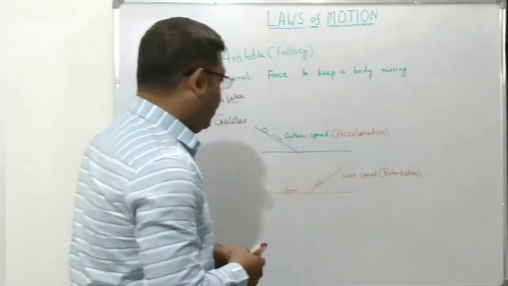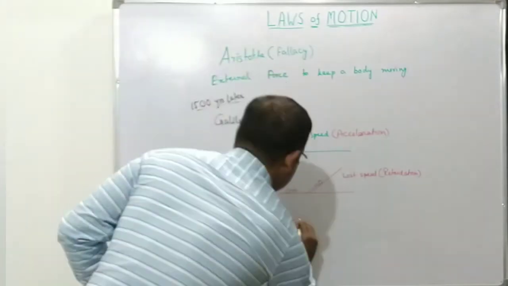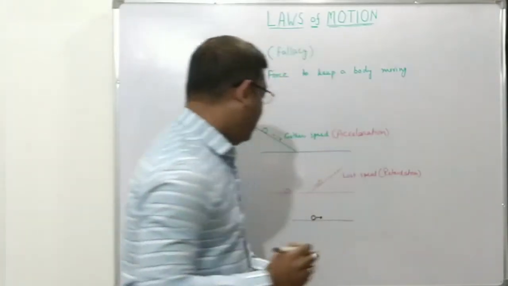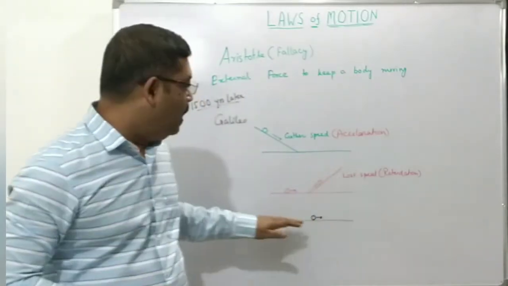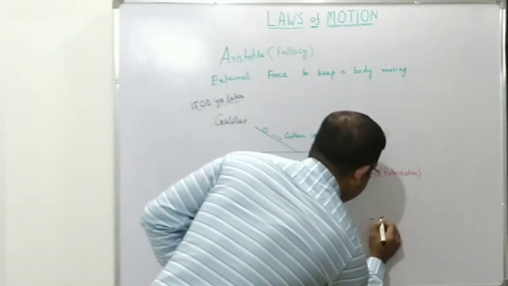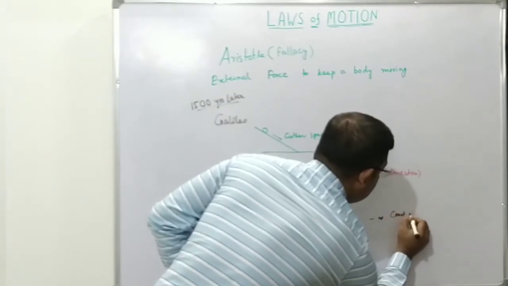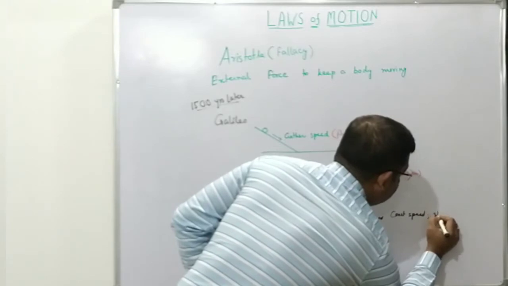So he inferred from this that if an object is allowed to move on a horizontal plane, no incline up or down, then it will keep on moving to infinity with a constant speed and in a straight line.